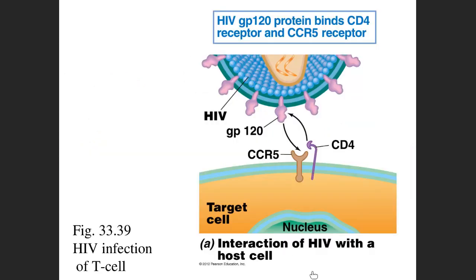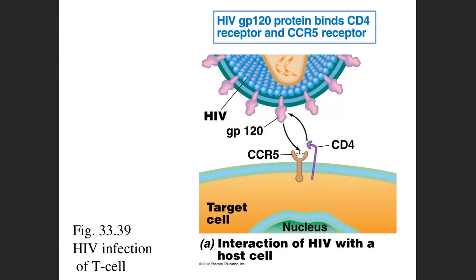And this binding itself, we now know a bit more about. The viral particle has a protein called GP120, and GP120 is targeting CCR5 and CD4. It's stabilized by CCR5 and CD4.